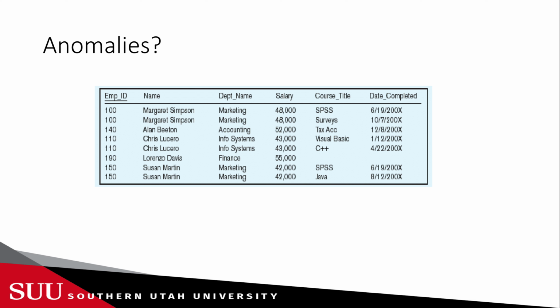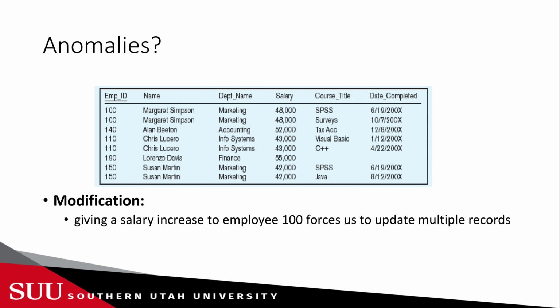One of the examples is when you try to give some kind of salary increase to one of the employees that have their data repeated in here. You will have to update multiple rows. And if you want to change something in the course title, you will have to update multiple rows as well. If you want to update the department name, you will have to change multiple rows as well. So these are all what we call update anomaly.